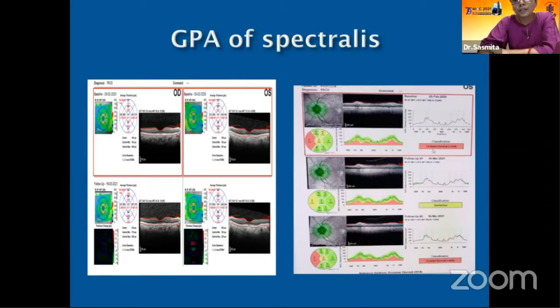So you have a macular analysis and you have an NFL analysis. Subsequently, you just compare with the baseline scan to see how much decrease in the macular thickness or NFL thickness there is.